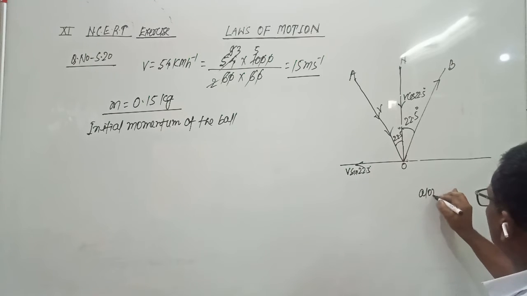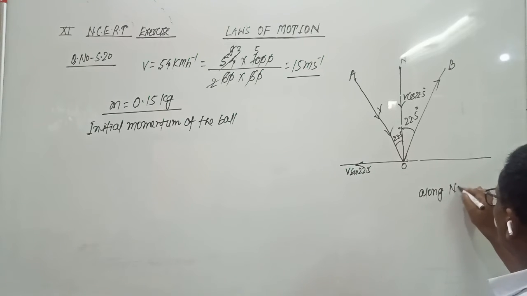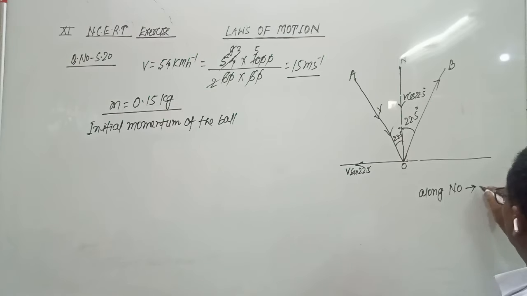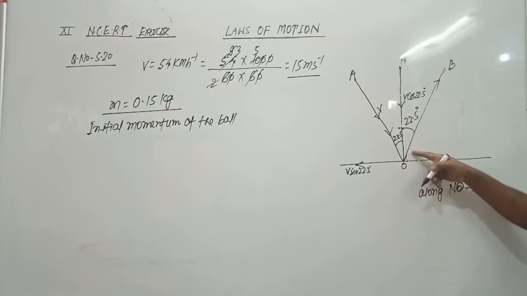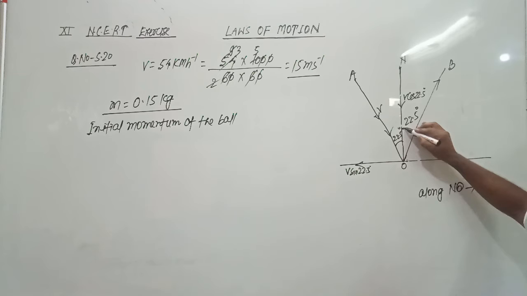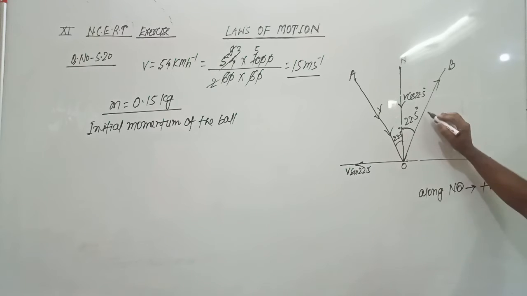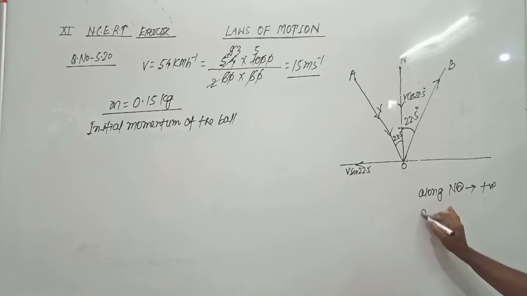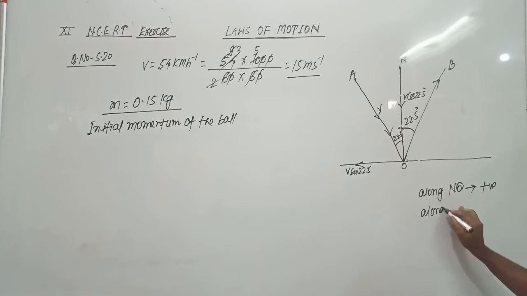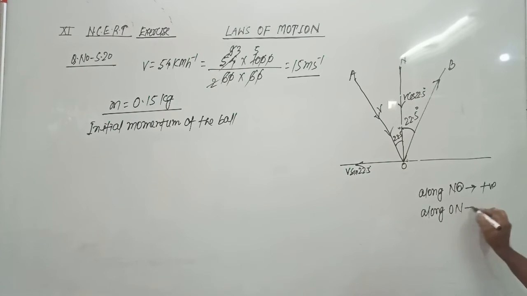When it deflects by the same angle with the vertical, the direction of velocity is along ON, which would be taken as negative.